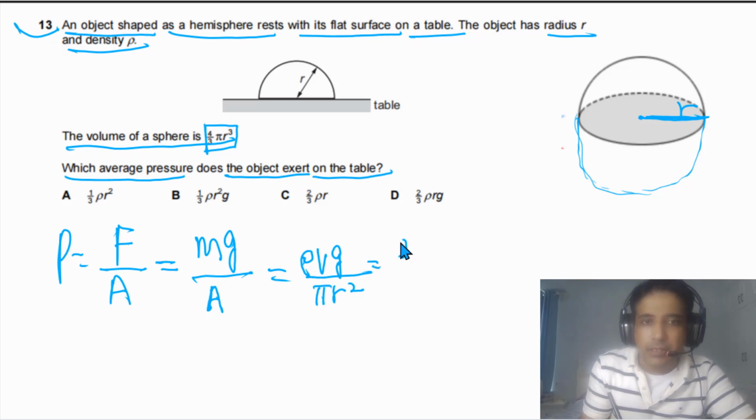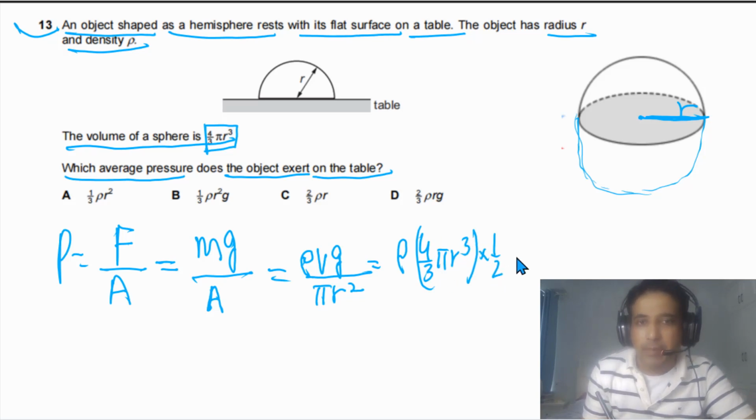The volume of the sphere is 4/3 pi r cubed, but this is a hemisphere, so we multiply by 1/2. So this is the volume of the hemisphere, multiplied by g, and divided by pi r squared.